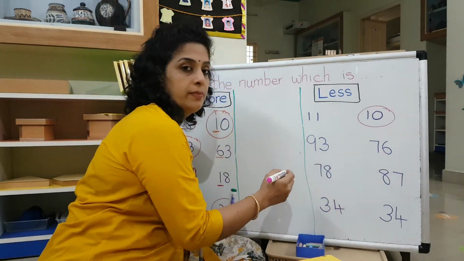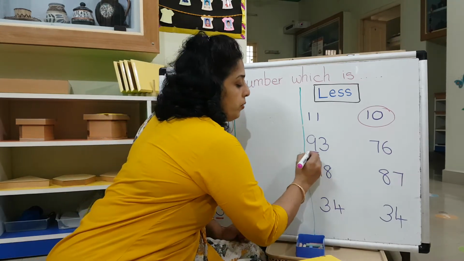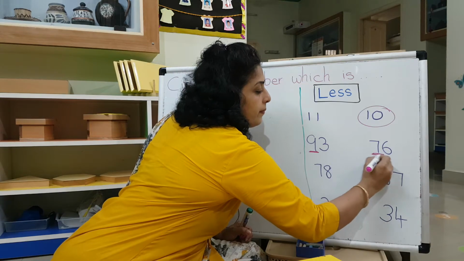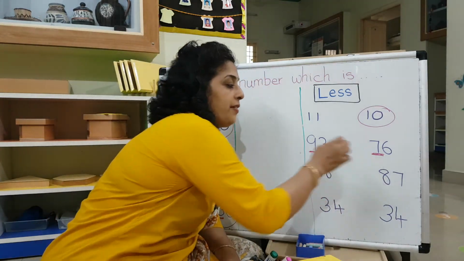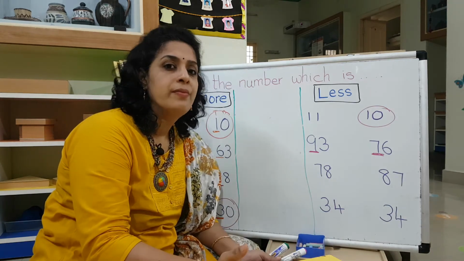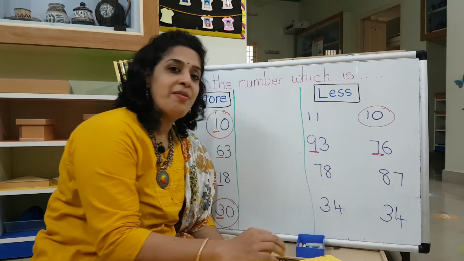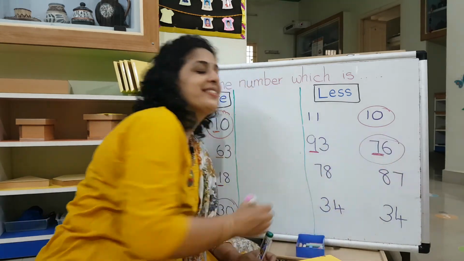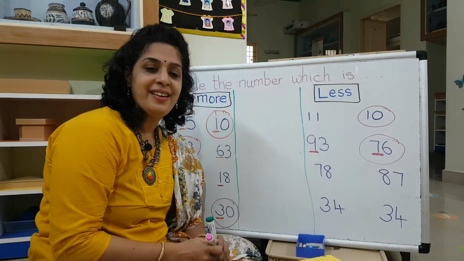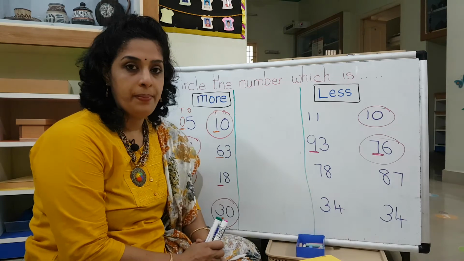Okay, here we are going to find out the smaller number. Go to the tens place. Which is small? 9 or 7? 7 is small. Correct. So can you tell me which is the lesser number? 76. Easy, right? Yes.